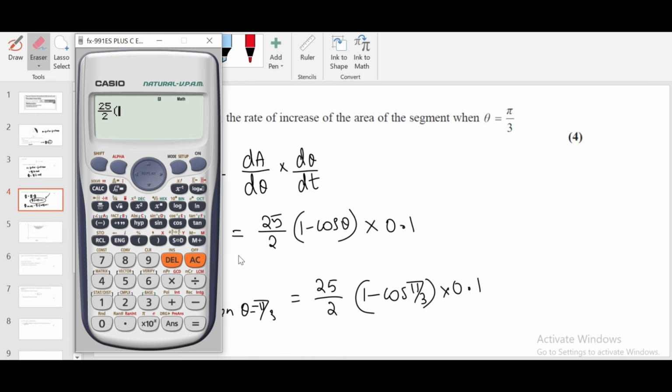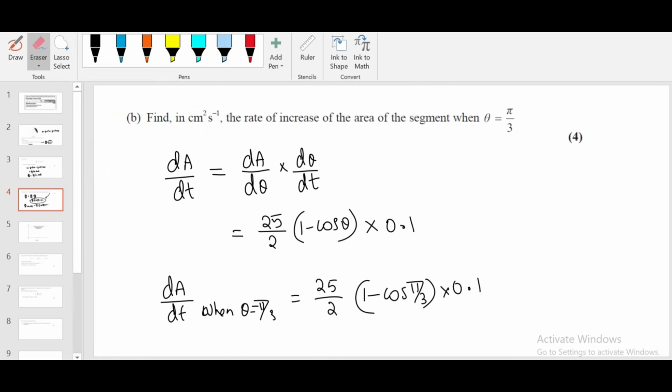If we get a decimal number, we will change it. 1 minus cos pi over 3 times 0.1. Okay, we got 5 over 8. So the answer is 5 over 8 centimeter square per second.